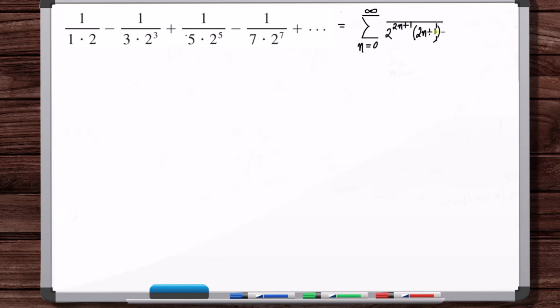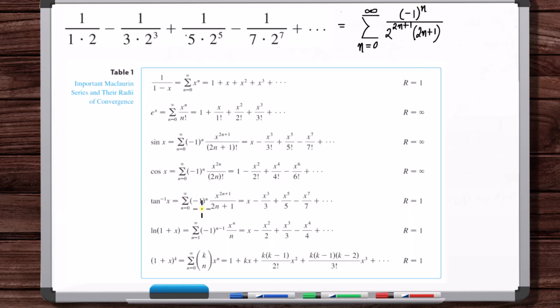And it's also alternating, so it's going to be minus 1 to the n. Here's a 2n plus 1 in the denominator with no factorial, and then x to the 2n plus 1. So yeah, we're dealing with inverse tangent of x.